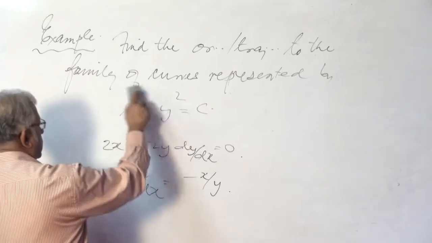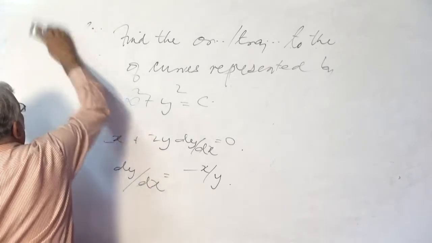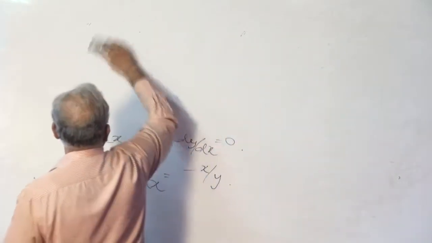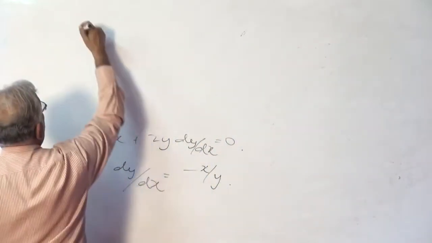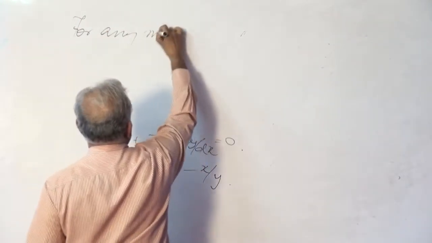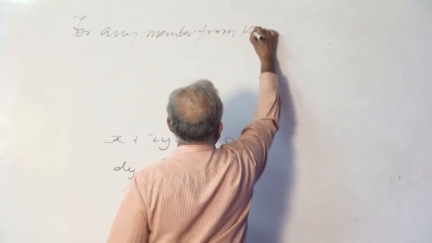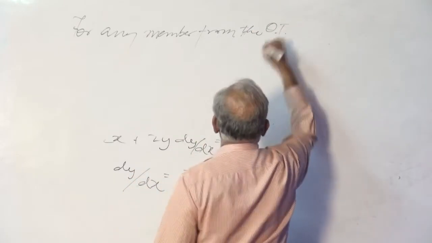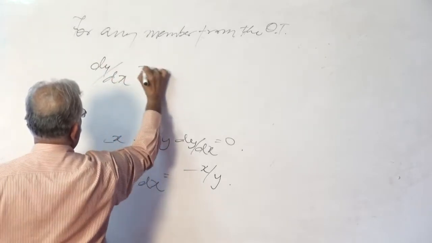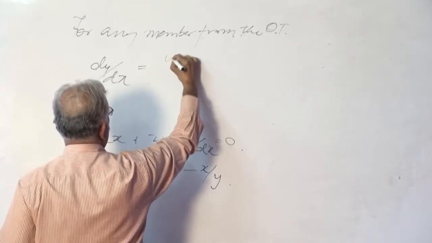So if our circle is the family of curves initially, then for any member of the orthogonal trajectories, we will have its dy/dx, take a reciprocal and change the sign. So y over x.